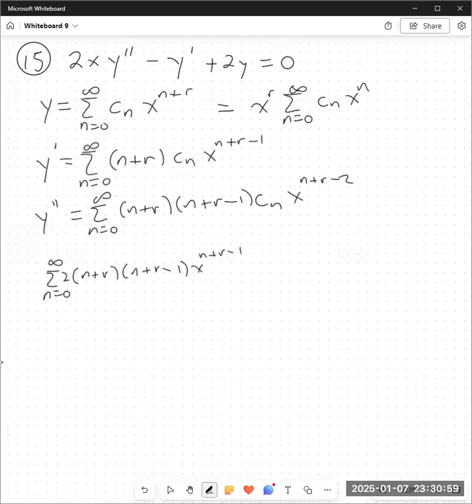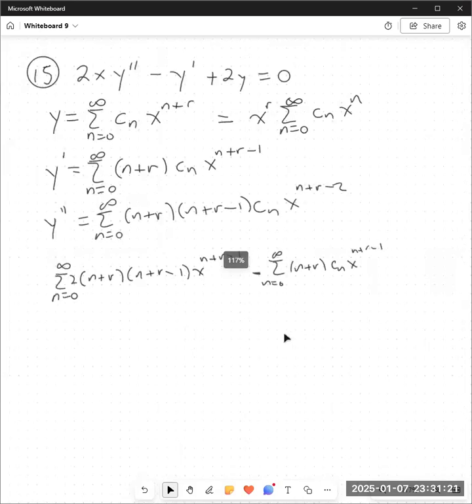And then we have minus the first derivative, which is the sum from n equals 0 to infinity of n plus r, Cn x to the n plus r minus 1.